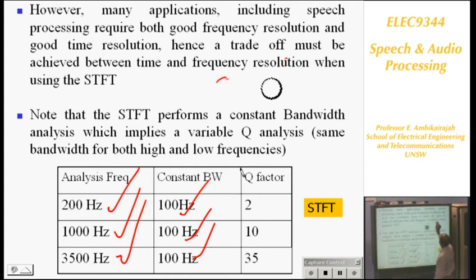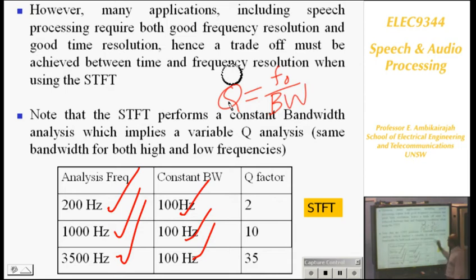So let me write it again. Q factor is equal to F naught divided by bandwidth. Okay.